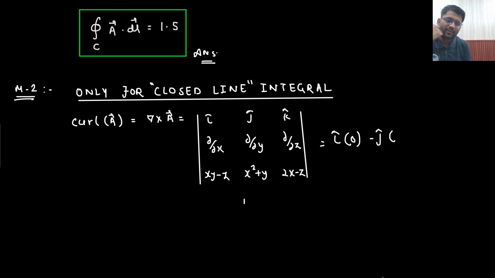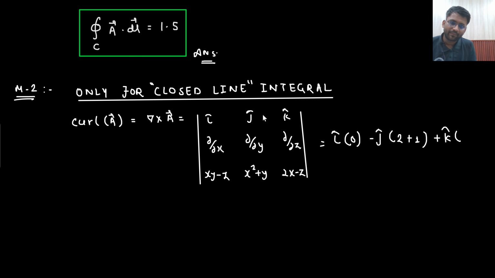All these calculations you should be able to do on your own. With respect to i cap, partial differentiation with respect to y and with respect to z, both will be 0. Minus j cap, partial differentiation with respect to x is 2, minus partial differentiation with respect to z, which is minus 1. So this will become plus 1.